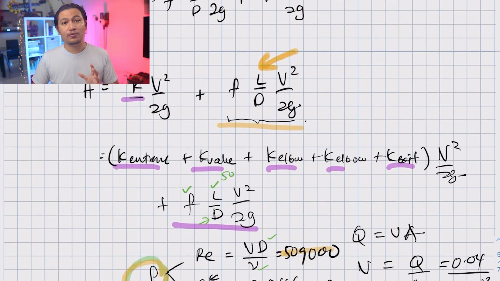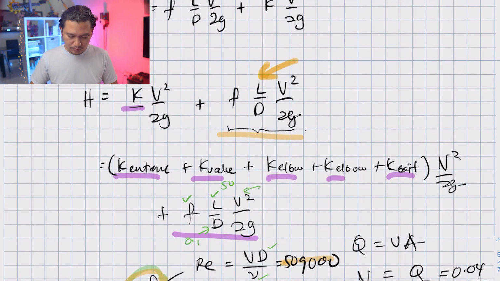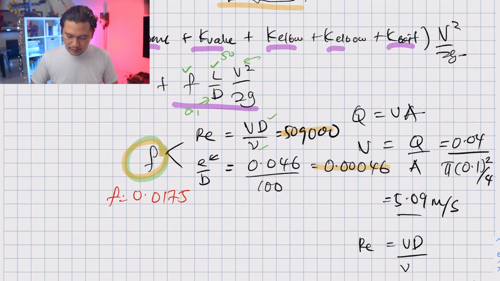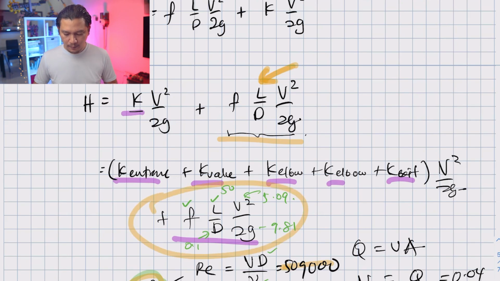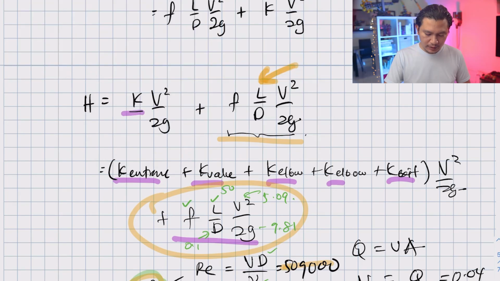Diameter is going to be 100, that is 0.1 meter. And velocity is going to be, I believe we have that, 5.09. And gravity is 9.81. Basically we have everything to calculate for this term. Right? Now, let's focus our effort on finding what these other values are.